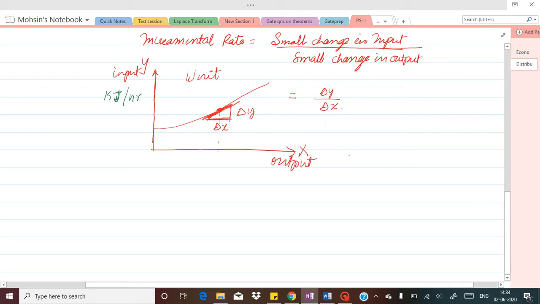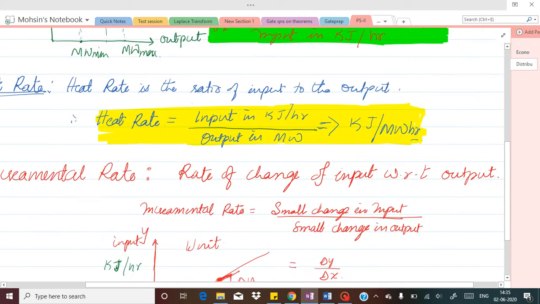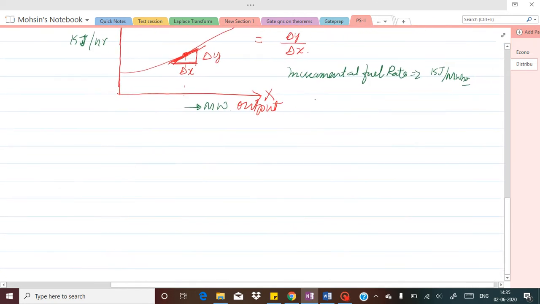Now if the input is expressed in kilojoule per hour and the output is expressed in megawatt, then we are going to get the incremental fuel rate. It is in terms of kilojoule per megawatt hour.